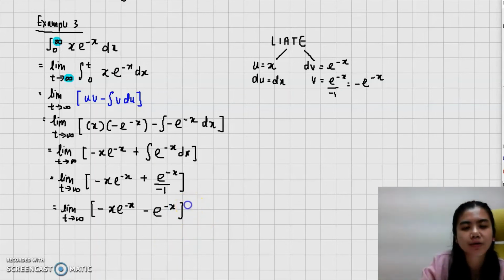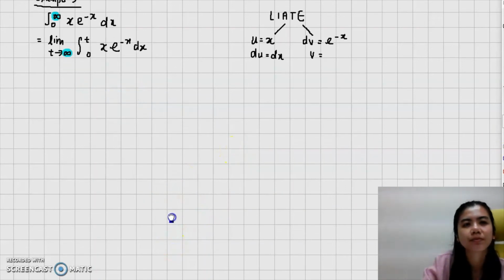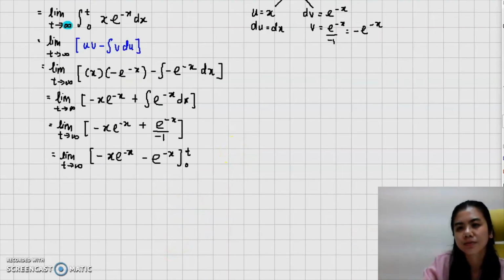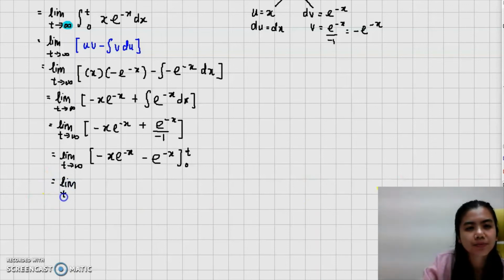And don't forget the interval that we have, from 0 to t. Now we're going to do the substitution. Just copy back the limit. In here we have the first, that is minus t e minus t, and change all the x to t, so we have e minus t. Minus the next bracket.